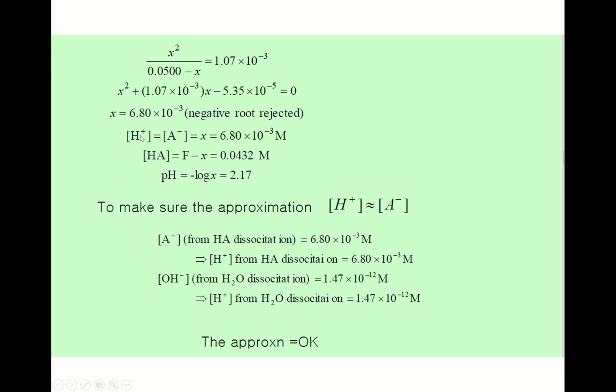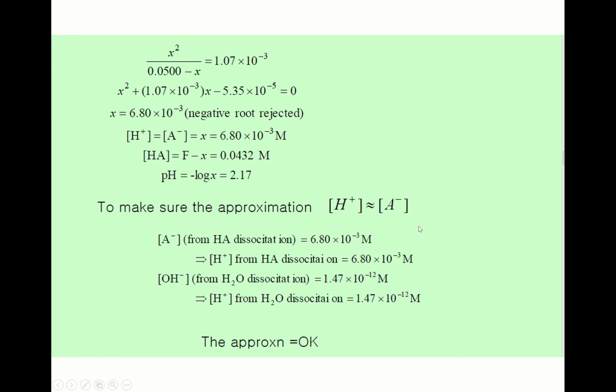This way we can solve this problem, and to check the approximation, we obtained the proton concentration of 6.80 times 10 to the minus 3. Let's see, the proton concentration from HA dissociation gives the same value, so this approximation makes sense.